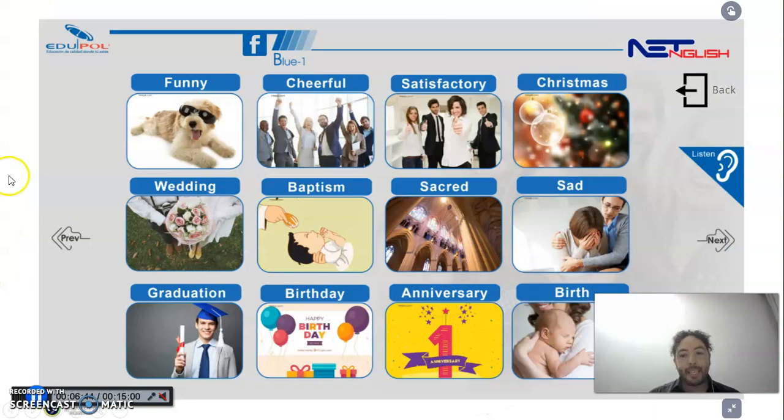In that case, I use the Net English slides. I consider that the Descartes University has wonderful images to explain the vocabulary.